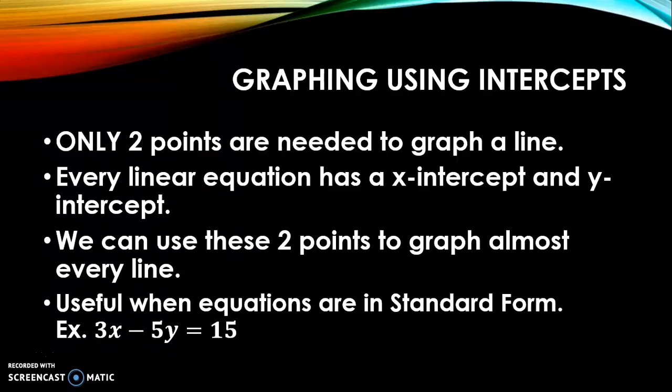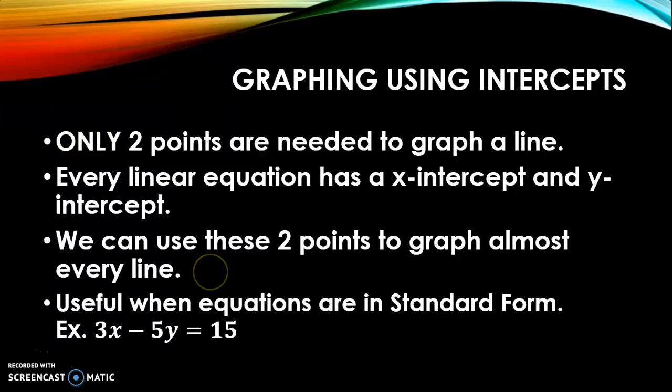In that case, you're going to have to find another point, a second point, since you're using the same point twice. But for pretty much every equation out there, you can definitely use the x and y intercepts because they will 99% of the time be different.